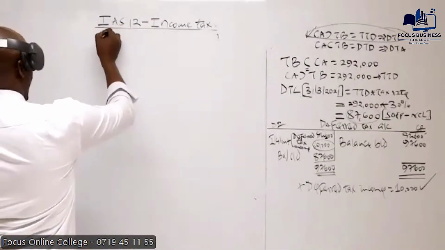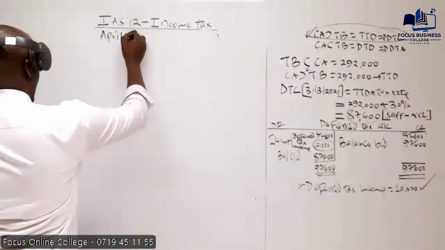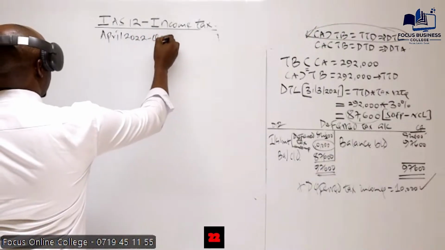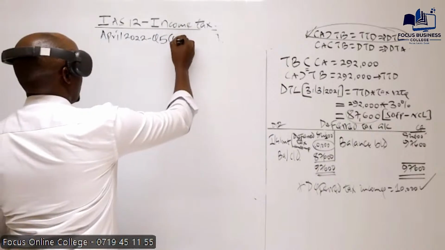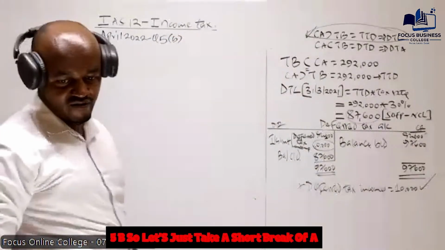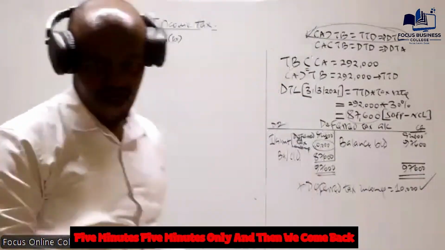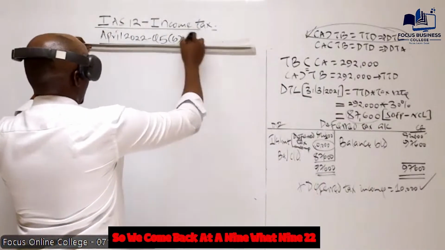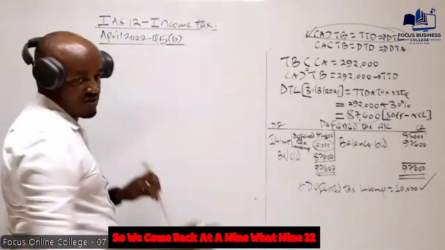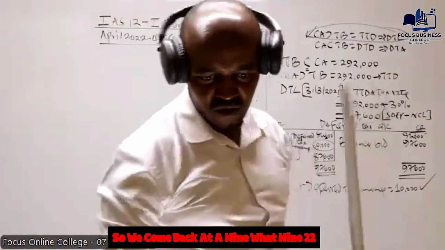April 2022, question number 5B. So let's take a short break of 5 minutes only, and then we come back. Make sure you have this question with you. We come back at 9:22.